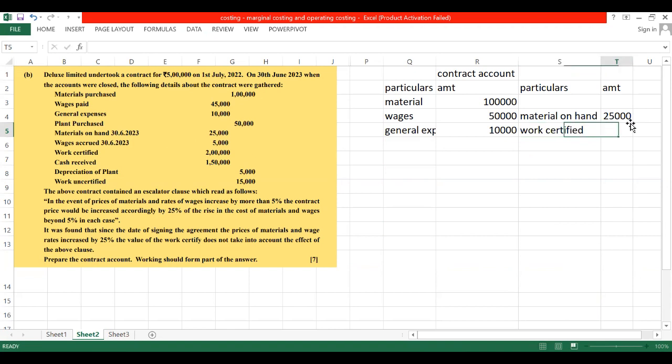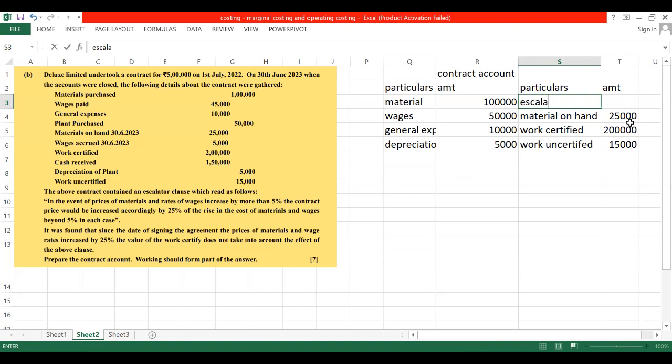Work certified is 2 lakh. Depreciation is given. Depreciation on plant, 5,000. Work uncertified, which is 15,000. And last here we will have our escalation. As per escalation clause, what is the increase in contract price? Which is 5,000 rupees that we found out.